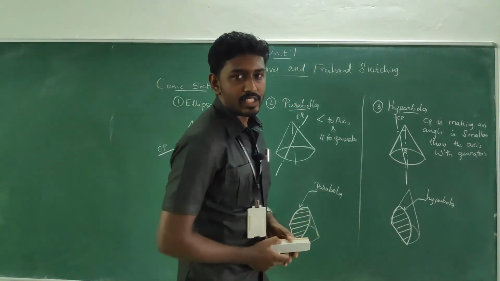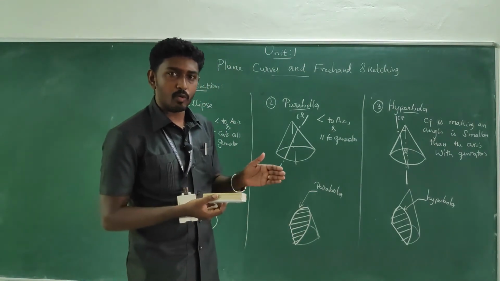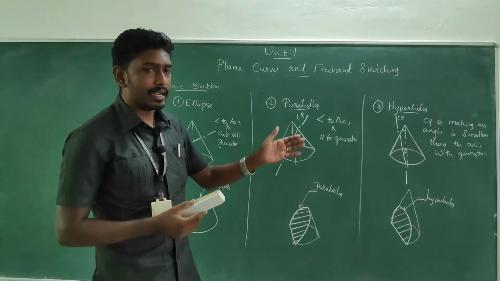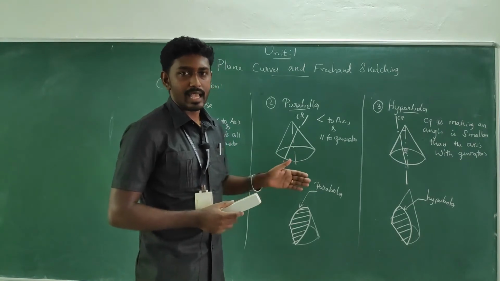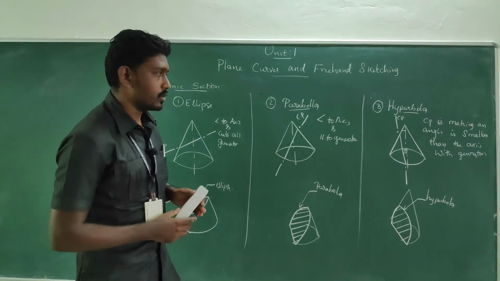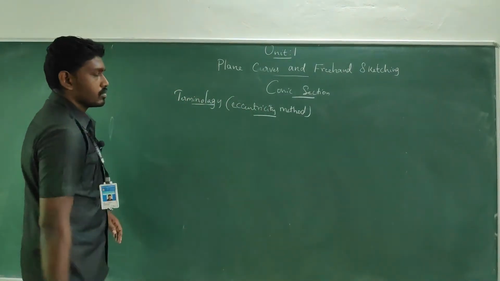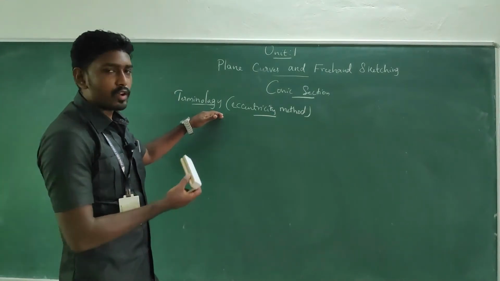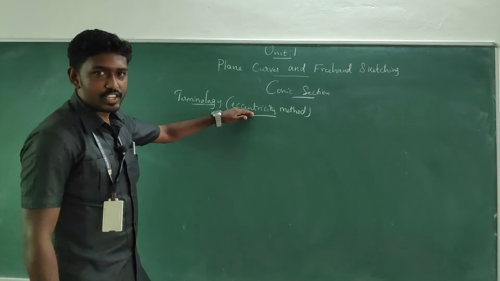Okay, so now we shall see the construction part, that means in which method we are going to construct the hyperbola, parabola and ellipse, and what are the terminologies involved. So see, in the construction of conic curves, we are going to work with the eccentricity method.